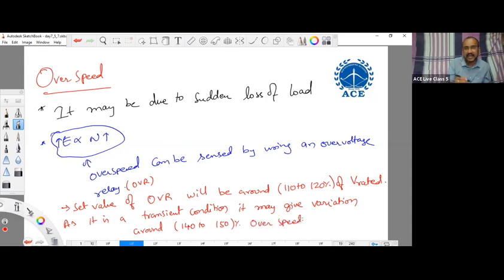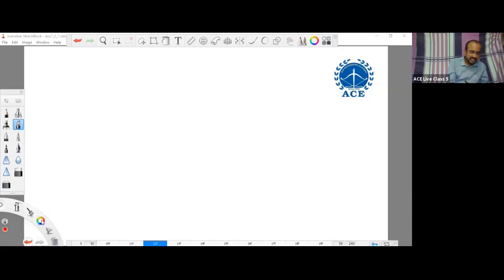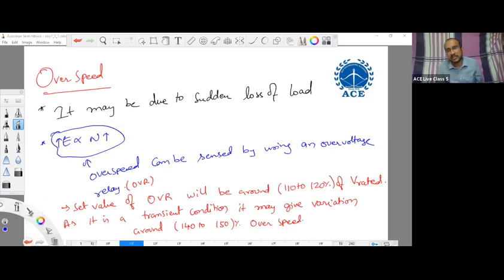You may think it is directly proportional, but this is a transient condition, so it goes around 140 to 150% of overspeed. Now, let us go for the next abnormal condition after completion of overspeed.